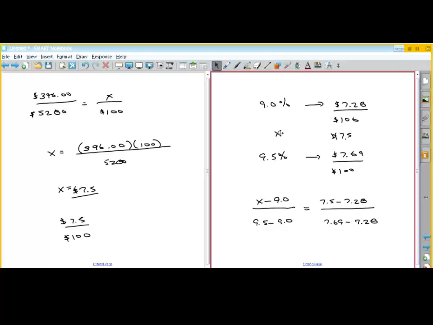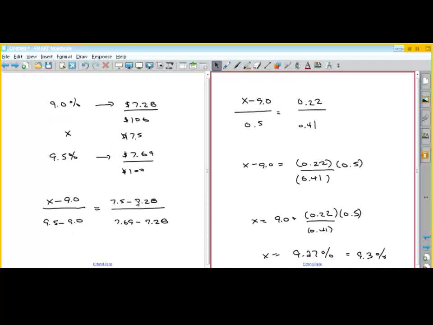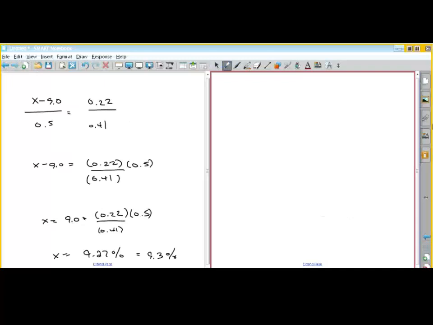I'm just going to call it 9.5. What I did was I said the ratio from here to here is the same as the ratio from here to here, and the only unknown I have is X. First I did these operations to get decimals, multiplied both sides by 0.5, so I got X minus 9, then I added 9 to both sides, so I get 9 plus this thing, and then I plug it in my calculator, and I get 9.3%, which rounds up to 9.5 if you're not going to spend a huge amount of time on it.